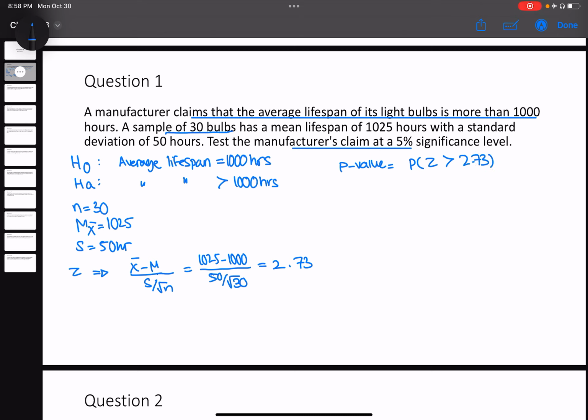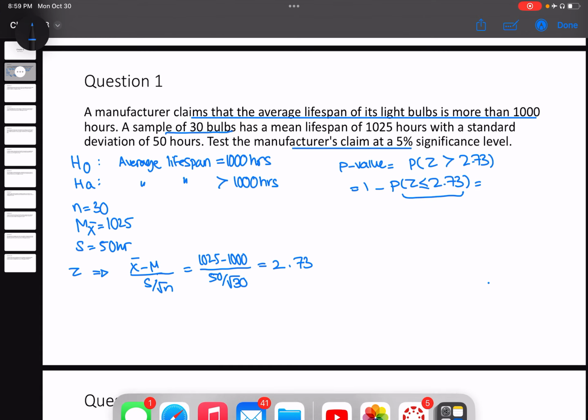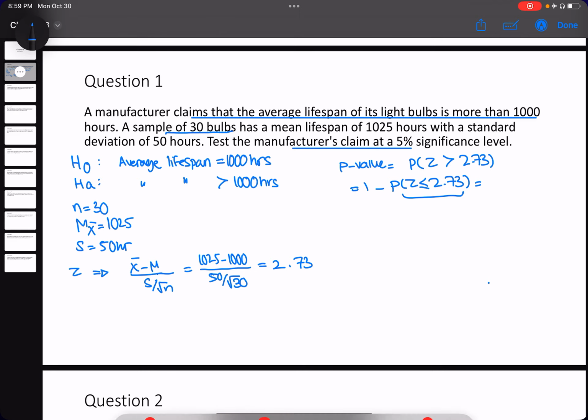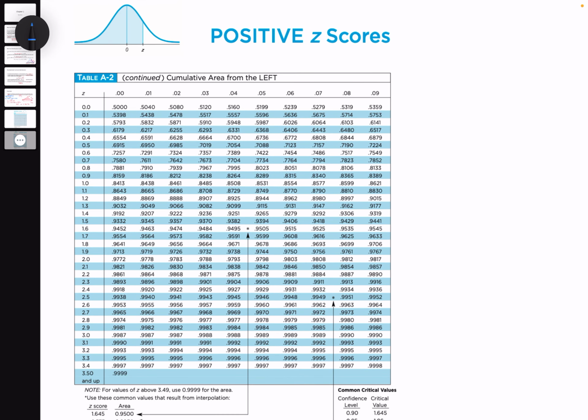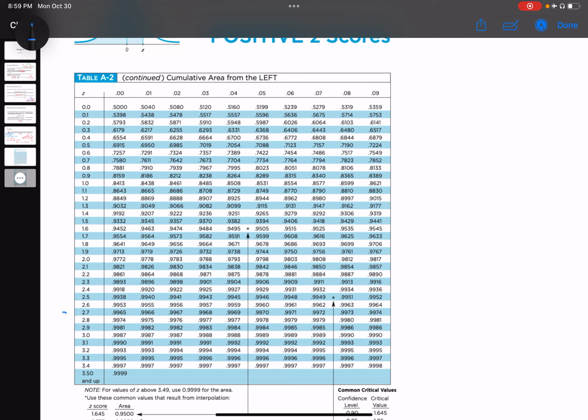In order to get this p-value or this probability, we can get the z-value from the z-table distribution, but for the amounts of z equal or less than 2.73, we can look up this z-value on table A2. 2.73 would be this value, 0.9968.